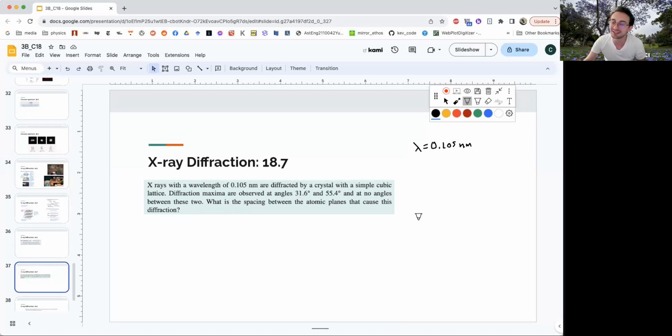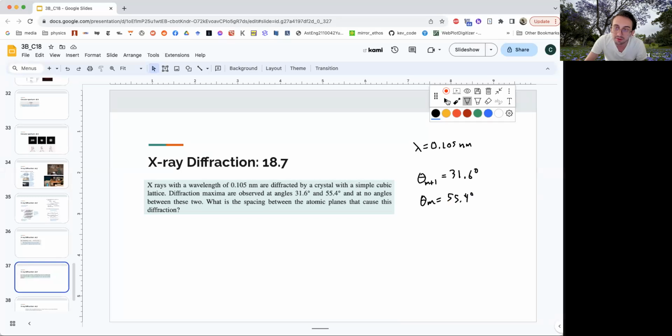We can convert these to radians if your calculator is in radians mode, or we can just evaluate them in degree mode directly. So we have some theta that we can call theta m plus 1, which is 31.6 degrees, and some theta m, which is 55.4 degrees.